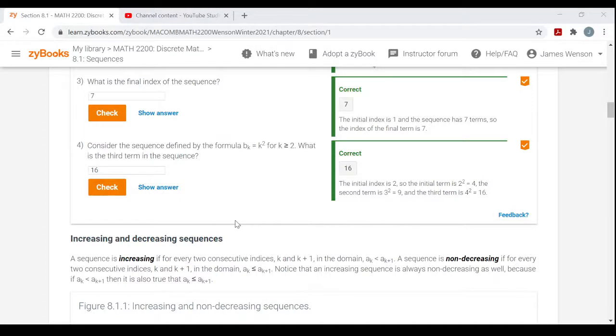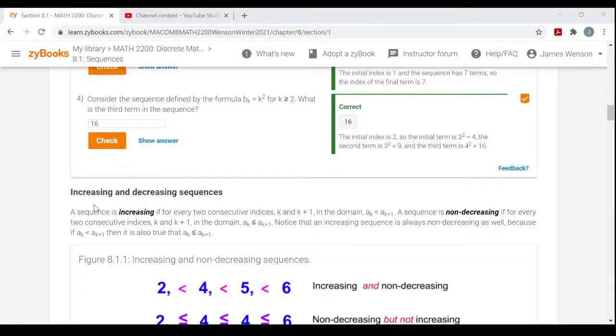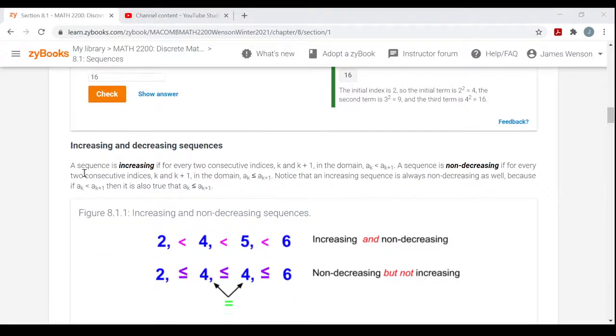All right. So now we're going to talk about increasing and decreasing sequences. All right. So a sequence is increasing if for every 2 consecutive indices, and it's just the plural of index, every 2 consecutive inputs, k and k plus 1 in the domain, the outputs, the terms, a sub k is less than a sub k plus 1.